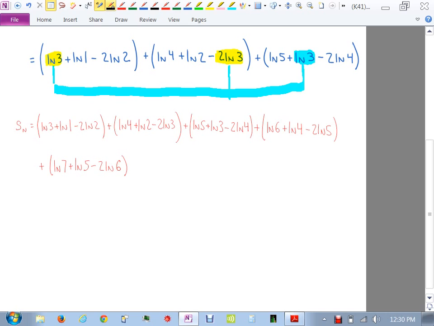Pay attention to what I'm saying here. I'm looking at the first term in the first set of parentheses, right? Natural log 3. That natural log 3, first term in the first parentheses, along with the last term of the second parentheses and the second term of the third parentheses, those 3 together are gone, right?